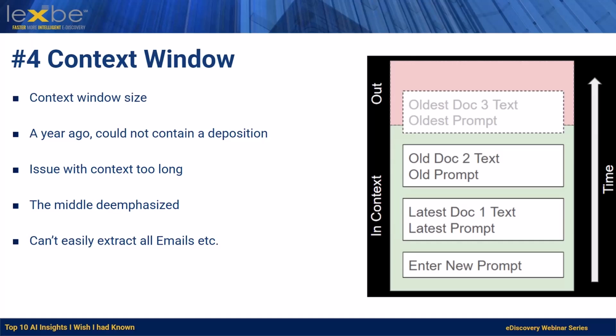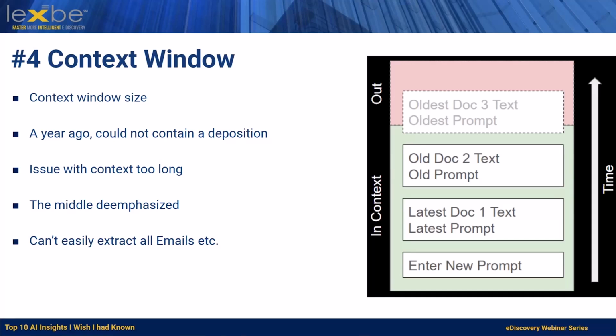So you can imagine if you were talking about a sports team and asking different things, then the latest prompt might say, when is their next match? And then the AI would respond with the next match. But if you asked a lot of other questions and put in other documents, and then you asked again, when is their next match?